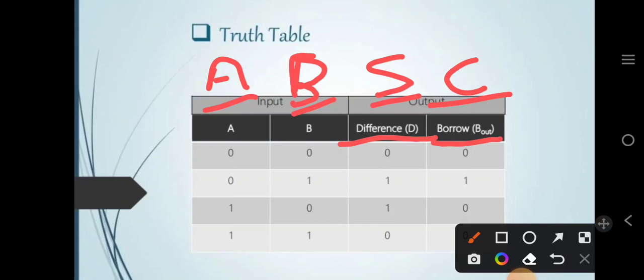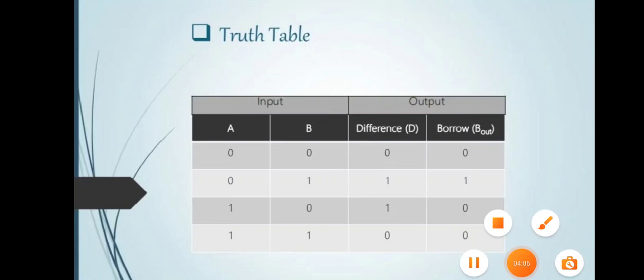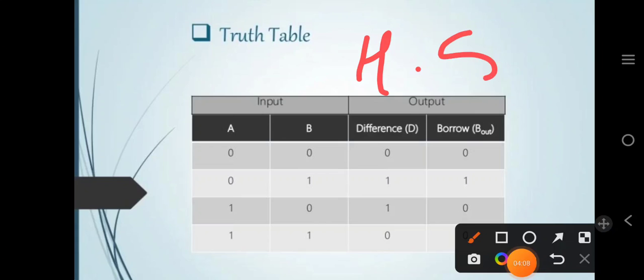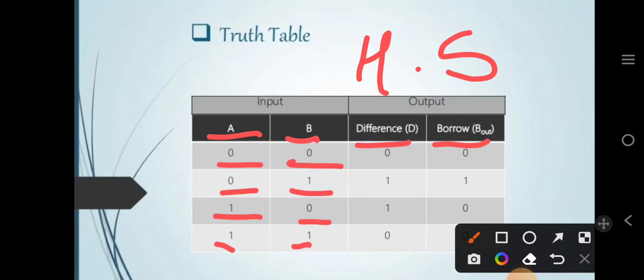So this is the truth table for a half subtractor, where there are two inputs and two outputs. As we know, there are two variables, so the combinations will be 00, 01, 10 and 11.